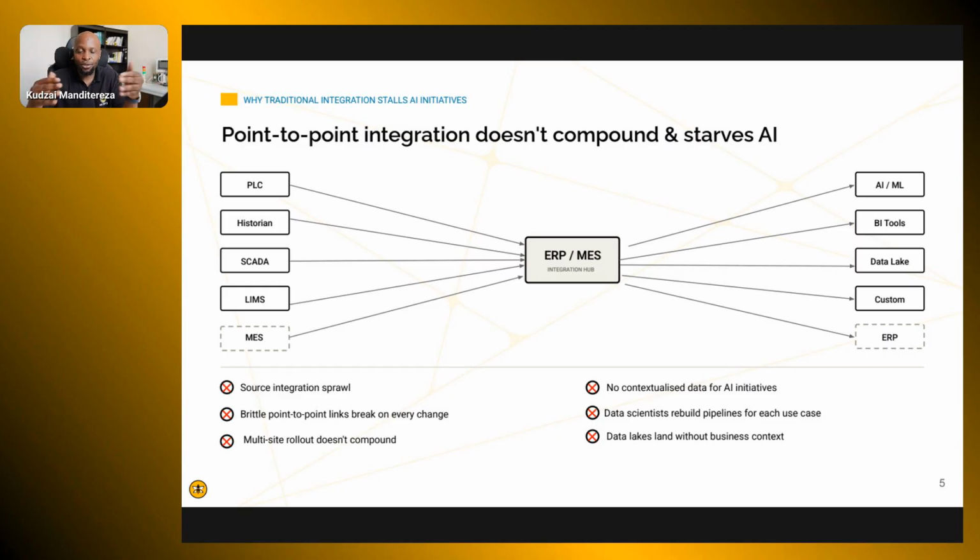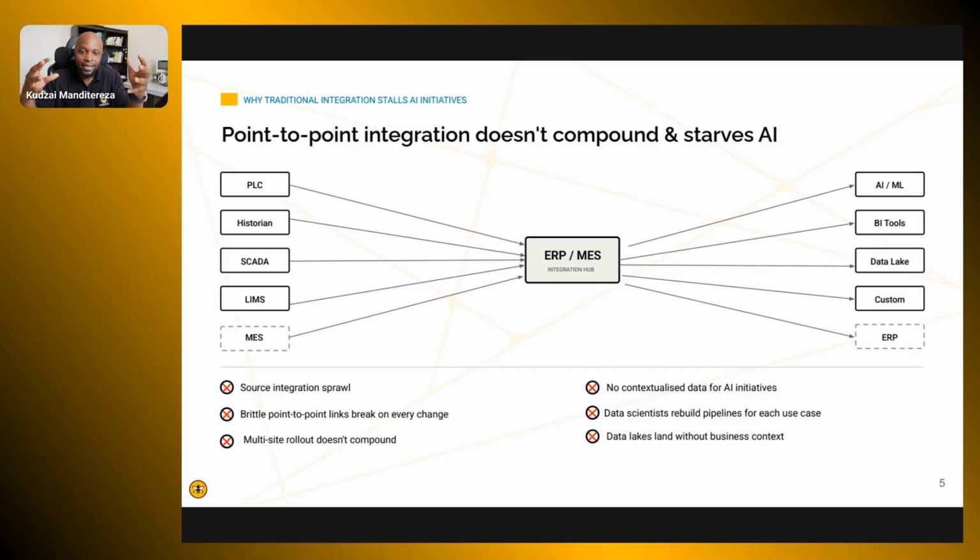So whether you're addressing, for example, an AI-based energy optimization use case, you build up that data pipeline, and then when you move on to predictive maintenance, you do the same thing again. So as you can see, there's a big bottleneck there as far as addressing all of your AI use cases is concerned. The other approach that companies take is to move that data to the data lake. And again, it's mostly IT people who are left to contextualize that data.